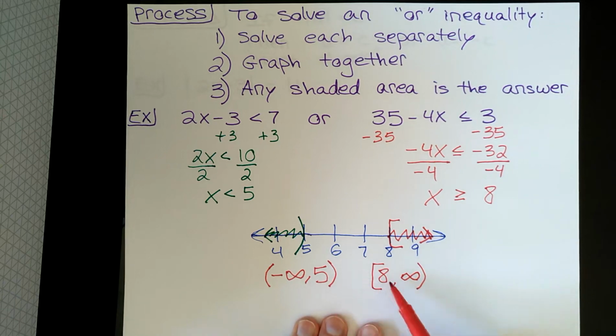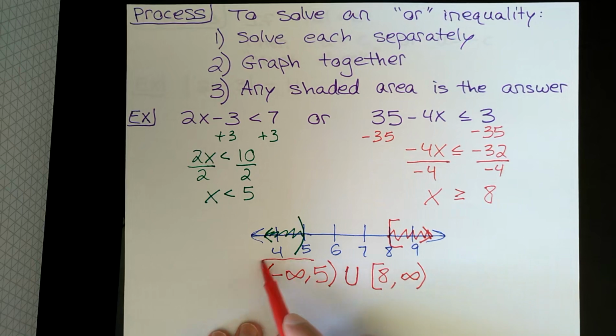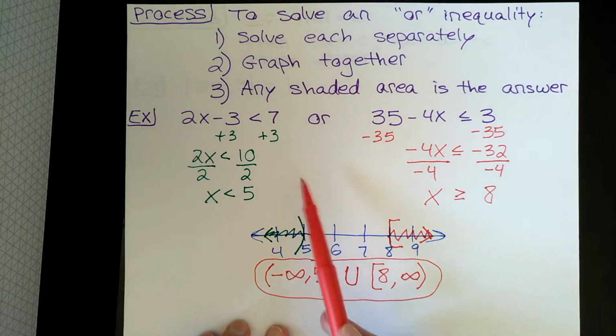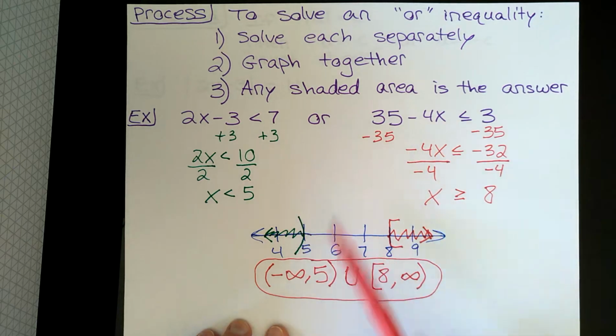But how do we say that our answer is both of these things? Well, we have a symbol which we call the union with this capital U. This means the union of these two sets, meaning either one of them counts as our answer. So this entire double interval represents every answer that solves the original problem.